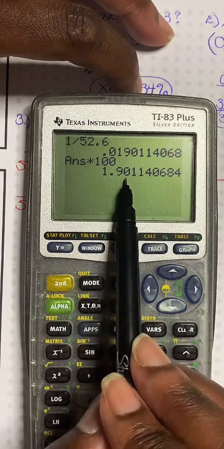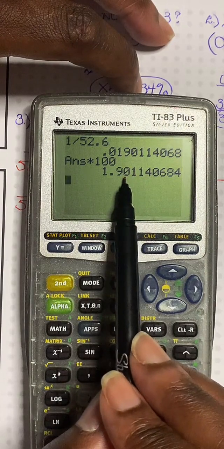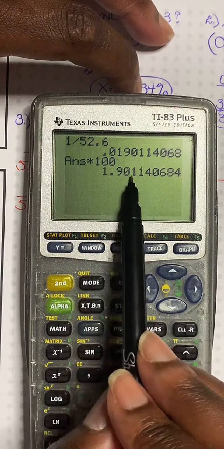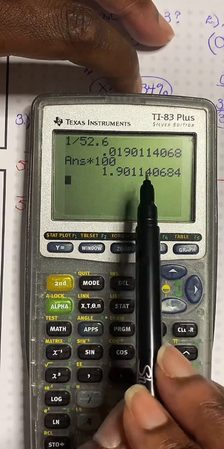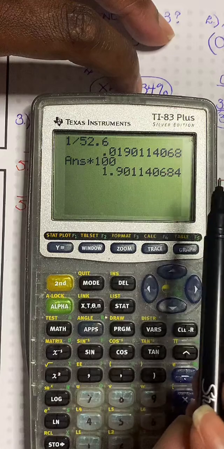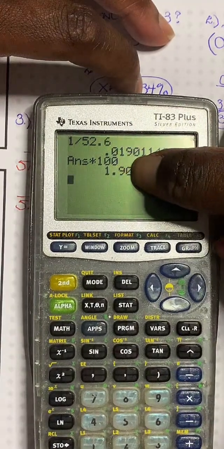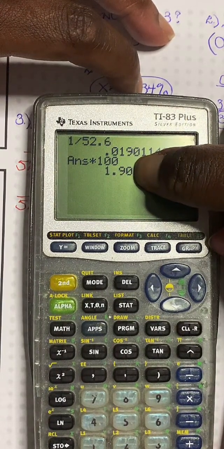Boom. All right. So we have 1.90. The reason why I'm not adding a 1 to that 0 is because I want to round it to the hundredths spot, and the next digit is a 1. Anything that's a 4, 3, 2, 1, that means I'm just going to ignore it and just focus on the numbers that I see for my hundredths spot.